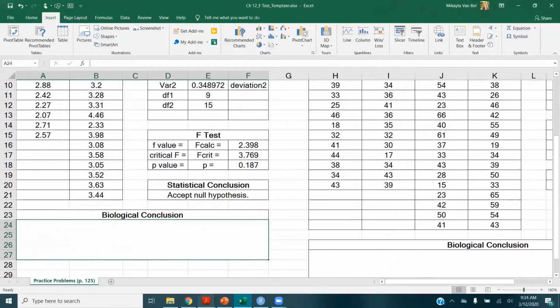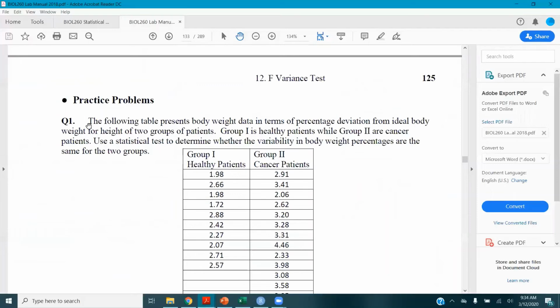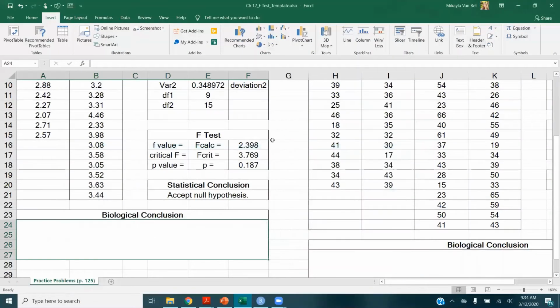The question asked us, use a test to determine whether the variability are the same. Have we answered that question? We have.